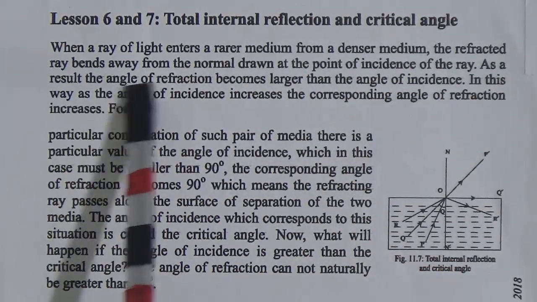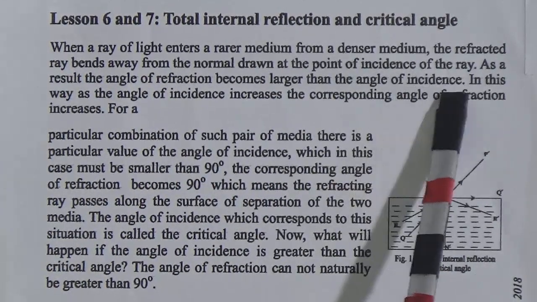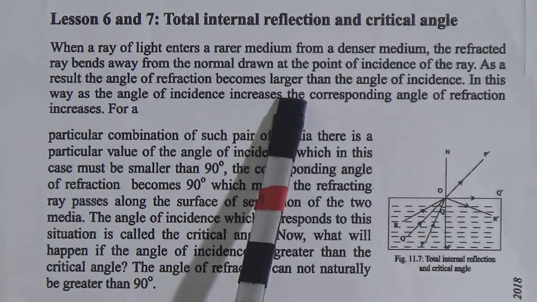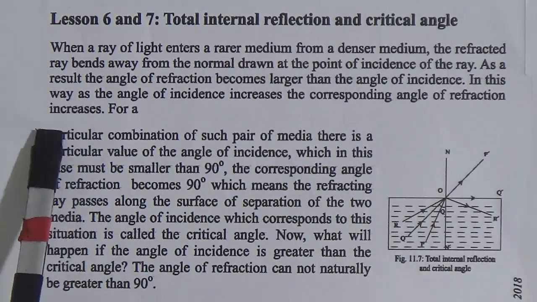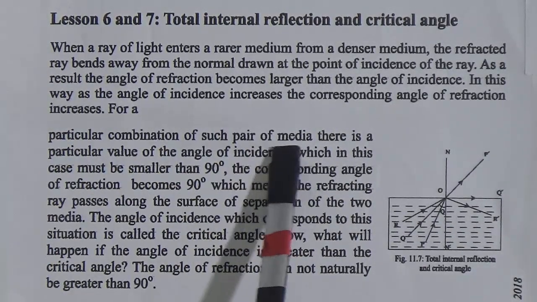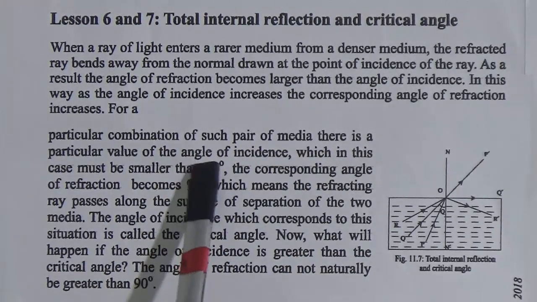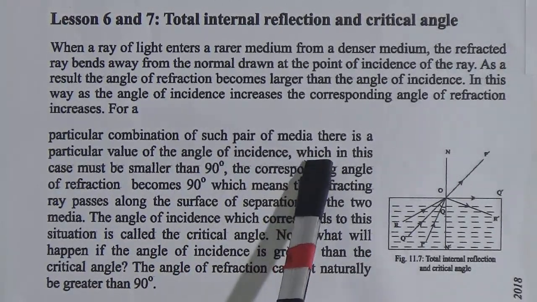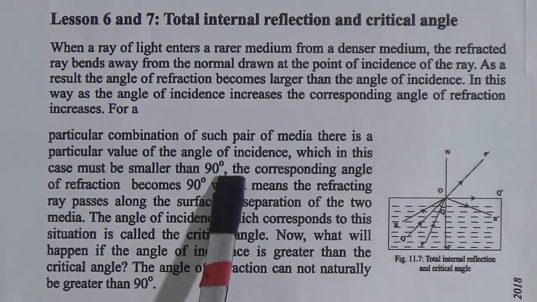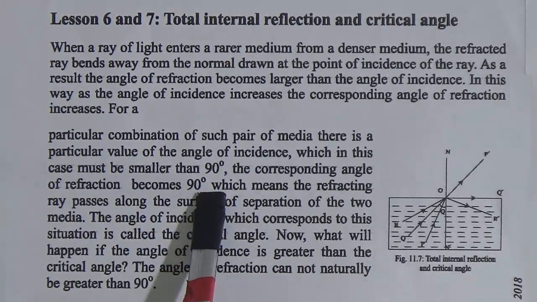As a result, the angle of refraction becomes larger than the angle of incidence. As the angle of incidence increases, the corresponding angle of refraction increases, and for a particular pair of media there is a particular value of the angle of incidence, smaller than 90 degrees, for which the angle of refraction becomes 90 degrees.